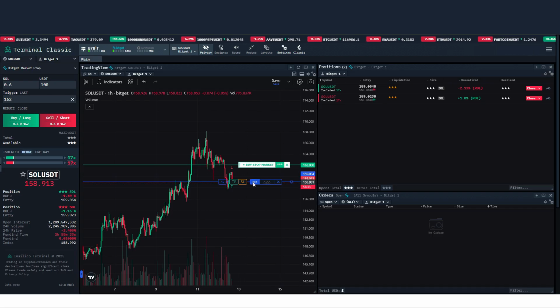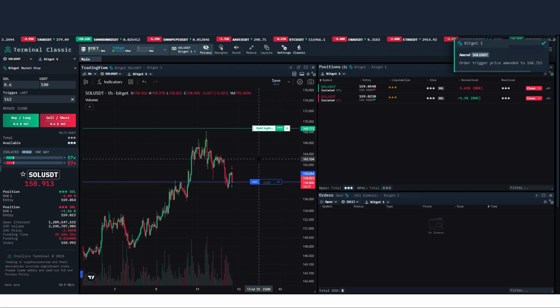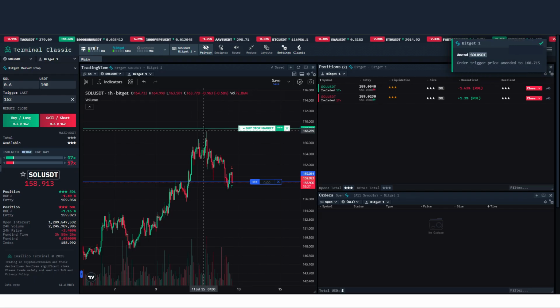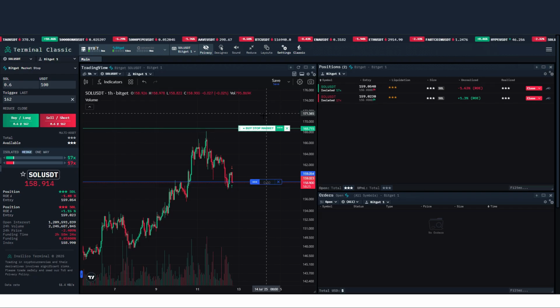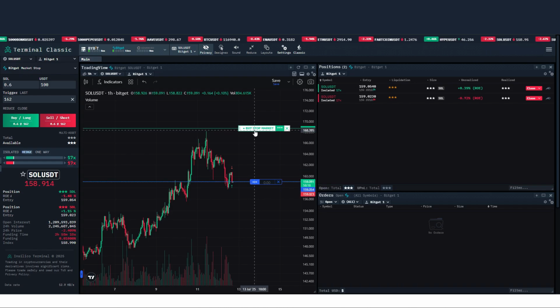And another feature I really like about Insilico is you can drag this up and down. I can be like, all right, well, actually not 162. I want to see this make highs locally here, and then I want it to buy. So this is really great, and this is the same type of order as a stop loss.